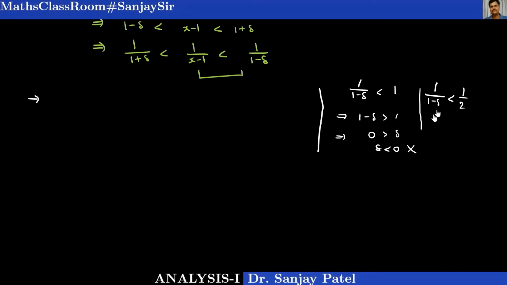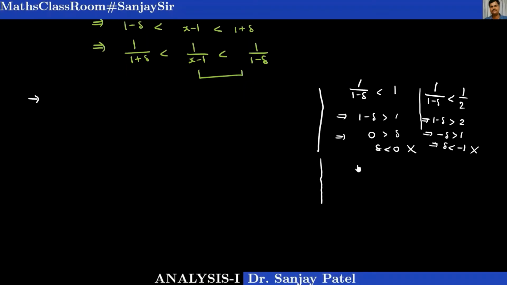If you take the reciprocal now, you will get 1 minus delta is greater than 2, and that gives you minus delta is greater than 2 minus 1, that is 1, or I can say delta is less than minus 1. Again, this is also not a right value because you want delta to be positive.